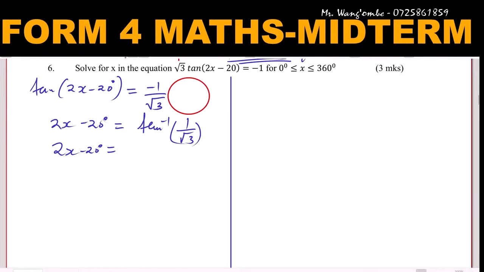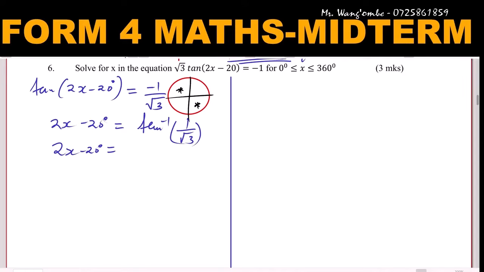We have the 4 quadrants, and the negative implies we are going to get the angles in the quadrants where tangent is negative. These are the second quadrant and the fourth quadrant. So these are the 2 quadrants where we shall obtain our angles.